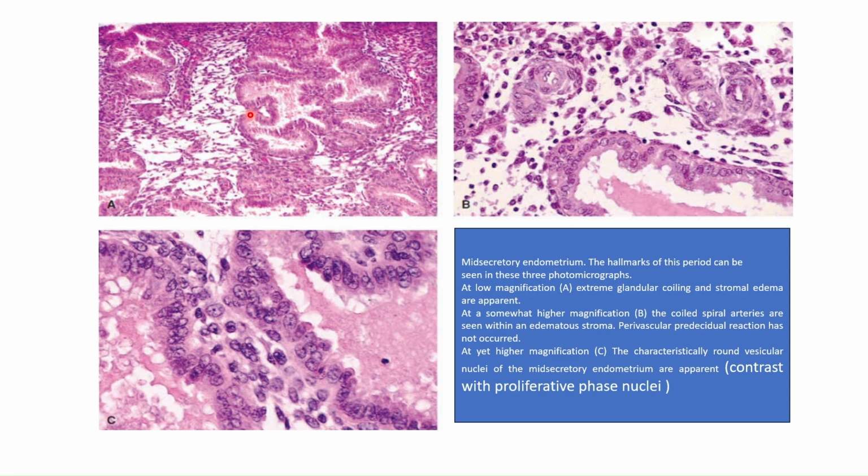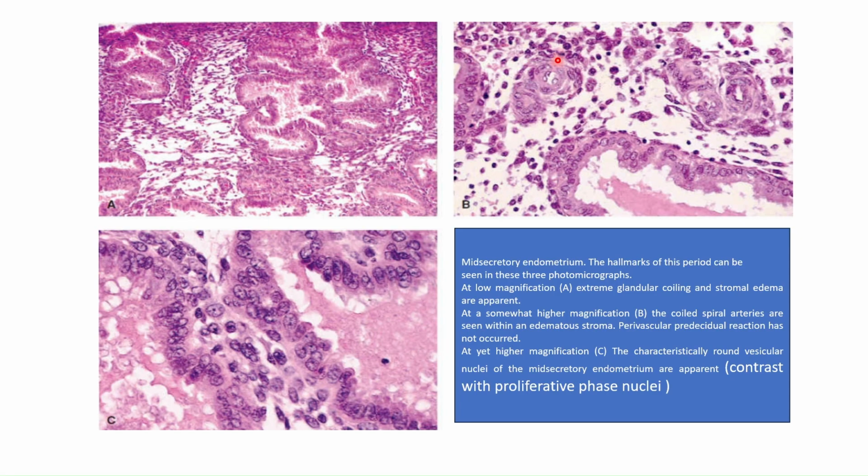There is excessive glandular coiling, stromal edema, and this coiling here is associated with formation of prominent spiral arterioles, along with pre-decidual reaction surrounding the spiral arterioles has not occurred in this phase.